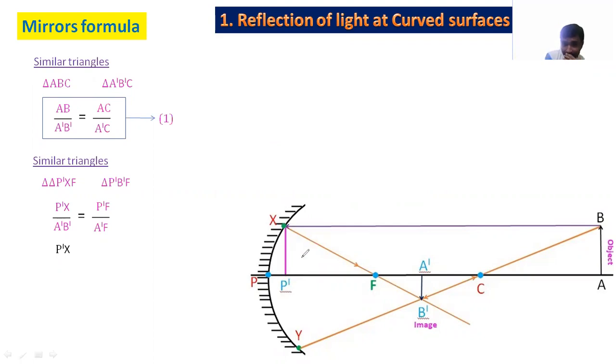Vertically here it is. This side you are observing. This is the principal axis. This is the incident ray, right? How they are parallel to each other. So this gap is exactly equal to what? P dash X is equal to what?